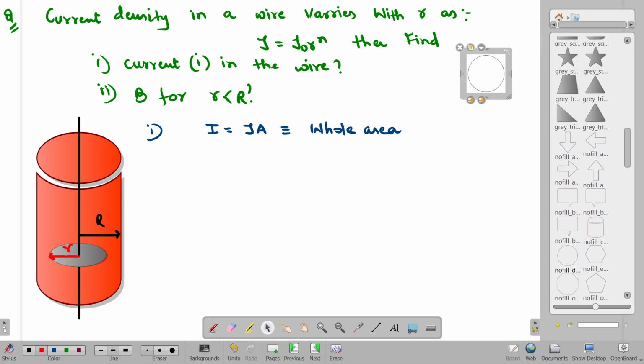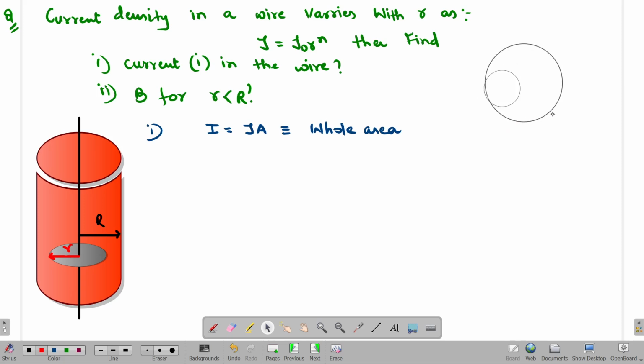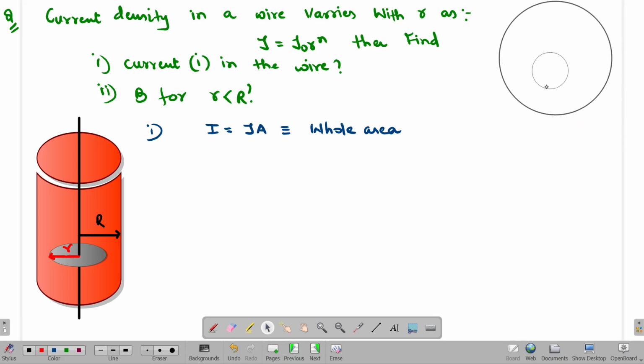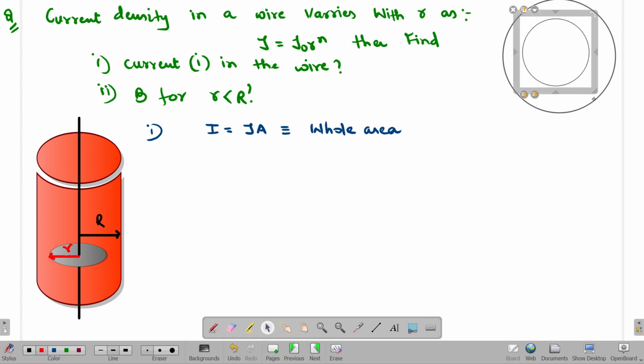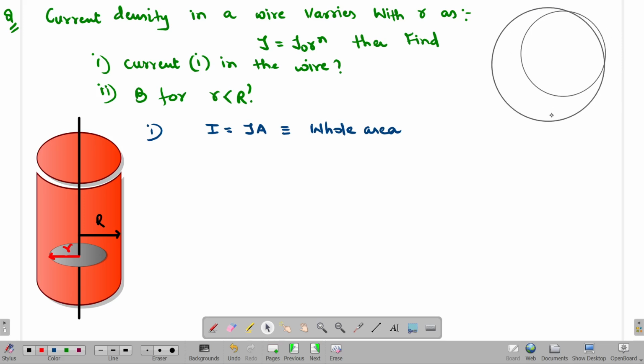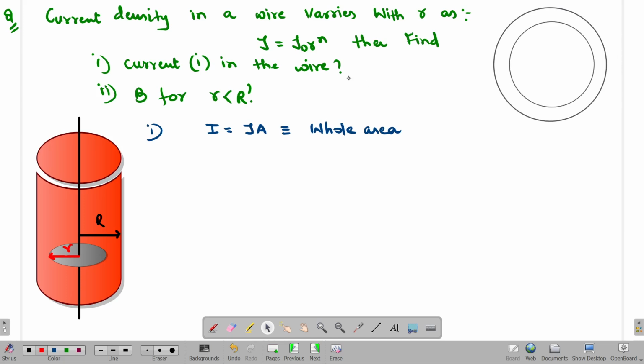I taught you earlier also how to do these kinds of problems. See, if the area is changing, the current will change. A little bit of area change, current will also change because the density is itself varying. Are you able to get me or not?